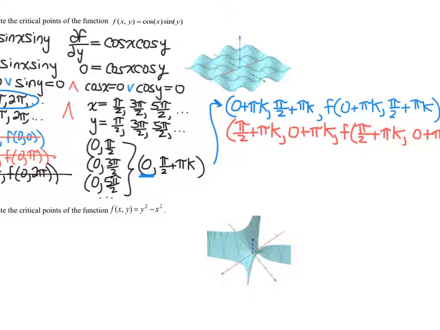Sine of pi over 2 would give me a 1. So at 0, pi over 2, I'll have a z value of 1. If I did pi and 3 pi over 2, same deal, I think. Negative, negative, so positive.